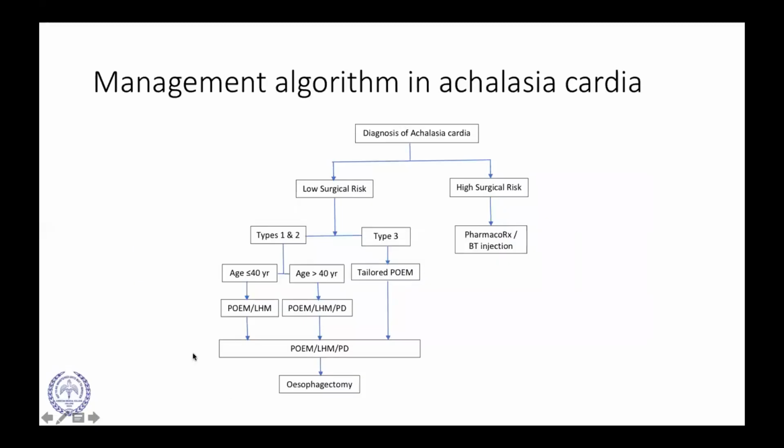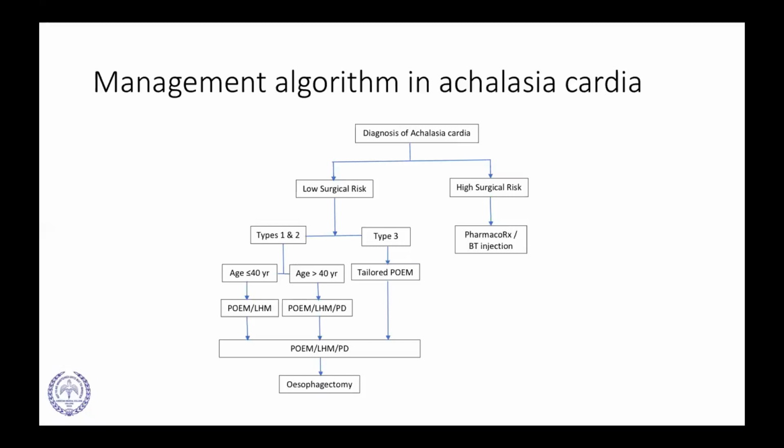I'd like to conclude by going through the management algorithm in achalasia cardia that is advocated today. When a diagnosis of symptomatic achalasia cardia is made, patients are divided into either those with low surgical risk and those having high surgical risk.